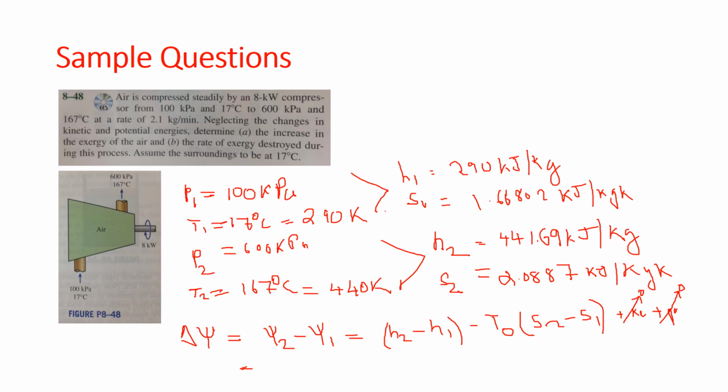So we know that S2 minus S1 is equal to S2 power 0 minus S1 power 0 minus R ln P2 over P1. So from here we can find S2 minus S1.